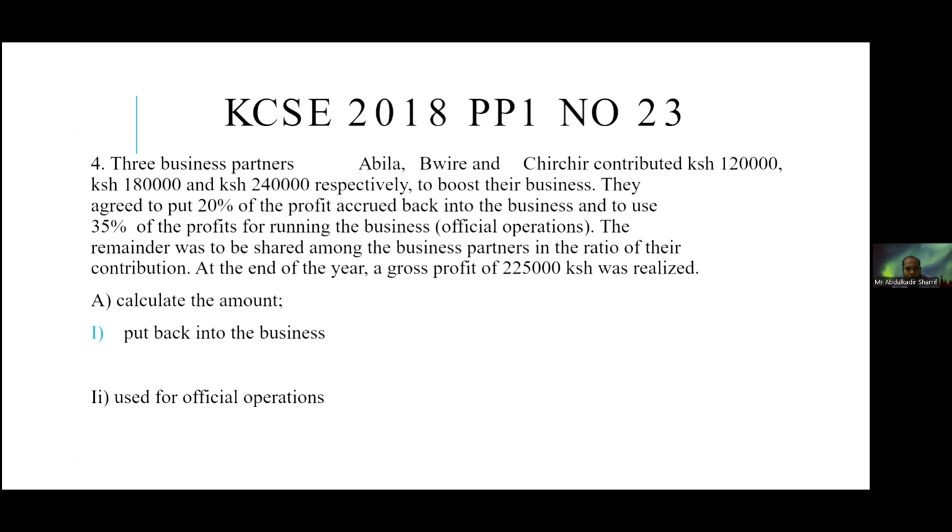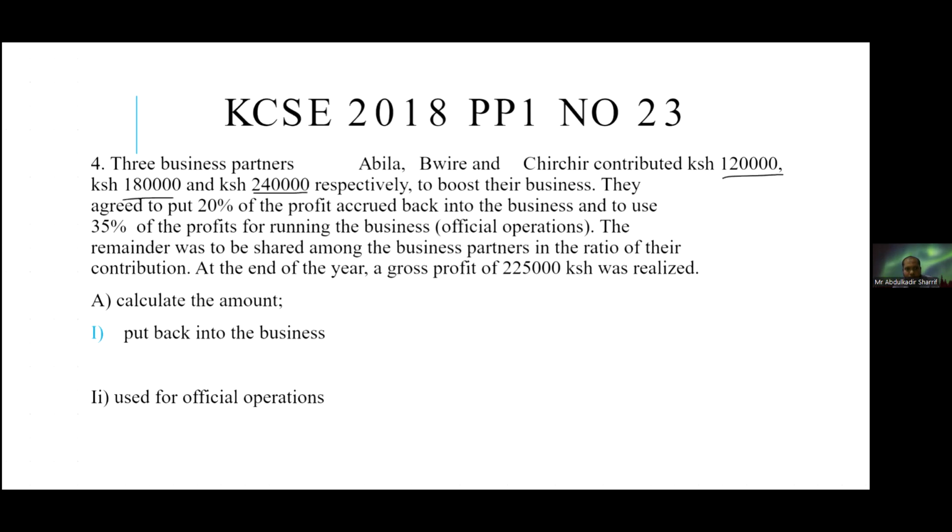So we have another question, which is KCSE also. KCSE 2018, paper 1, number 23. So 3 business partners, Bila, Buire, and Churchill contributed 1,200,000, 1,800,000, 240,000 respectively to boost their businesses.